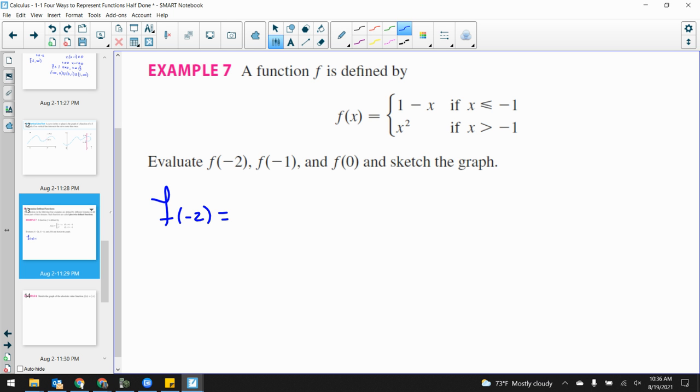So negative 2, because negative 2 is less than or equal to negative 1, I use the top rule. It falls into this domain, so I'm going to use the 1 minus x rule. 1 minus a negative 2, so that's 3. f of negative 2 is 3.